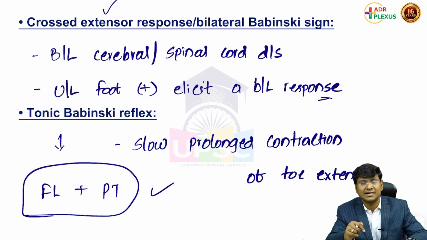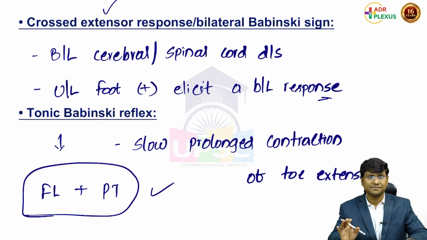Then crossed extensor response or bilateral Babinski sign. This is encountered in cases with bilateral cerebral or spinal cord disease, where unilateral foot stimulation will elicit bilateral response in such cases. And next one is the reflex. This is characterized by slow prolonged contraction of the toe extensors, and this is encountered in patients with combined frontal lobe and as well as the pyramidal tract lesion, right?